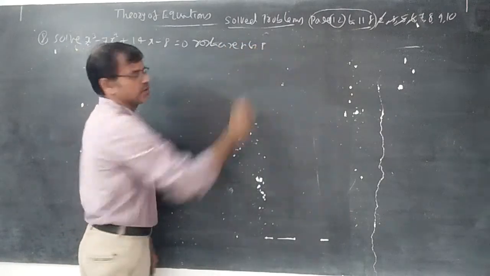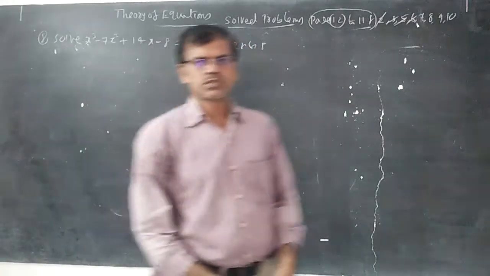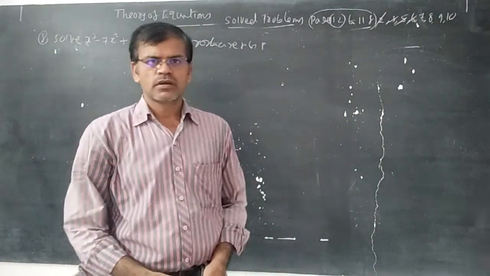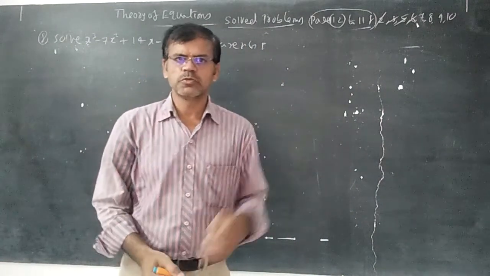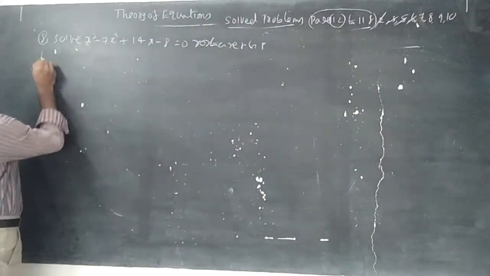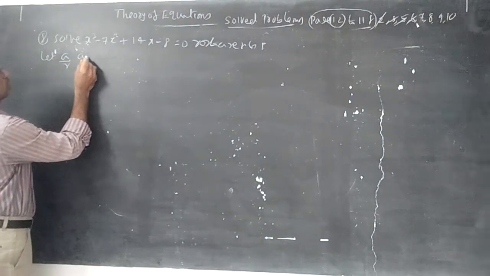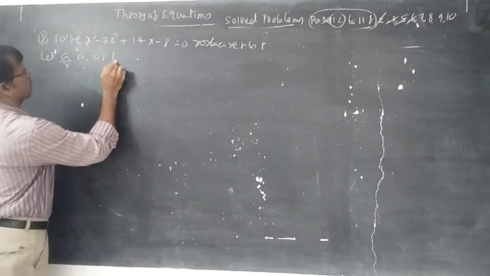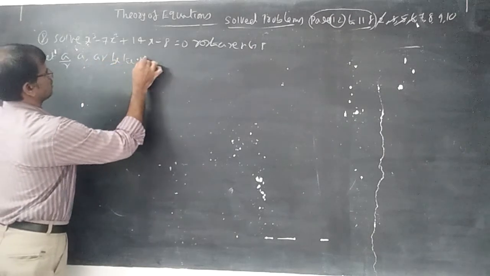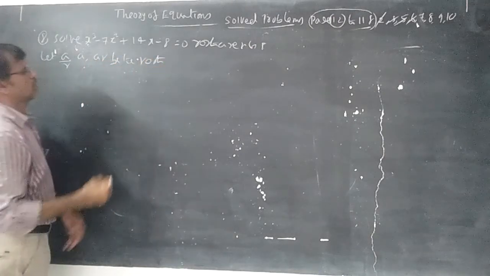Whenever the roots of this cubic equation are in GP, we can think here let a by r comma a comma a r be the roots.